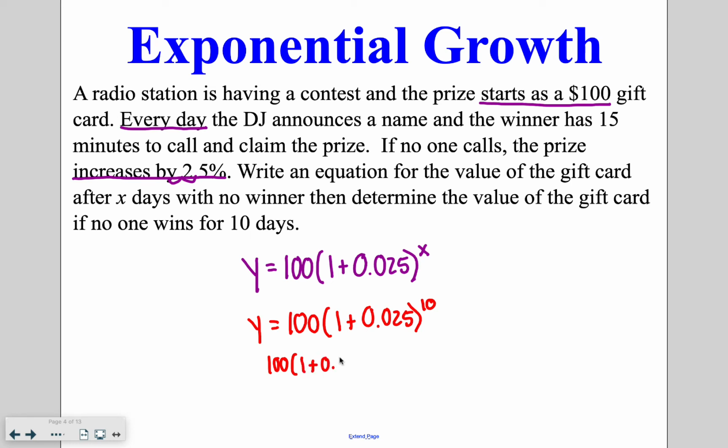And then remember, we use that caret button, that little upside down V. And then you would type in the 10th power. And when you do that, after rounding, you get $128.01. So that is our prize value after 10 days.